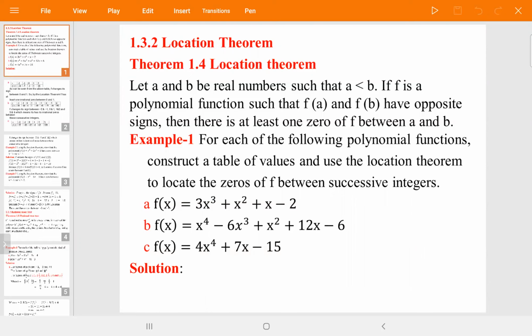So once the value of f of x is positive on the right extreme, there is no chance for f of x to come back to assume a negative value and then positive. So we will evaluate this polynomial f of x at these five integers. So the result is as follows.